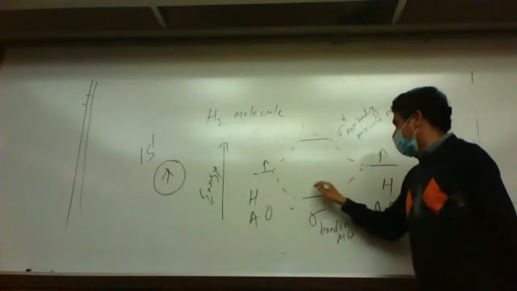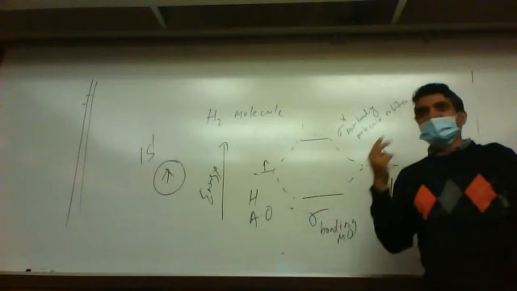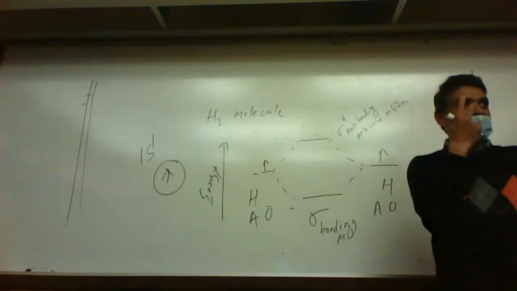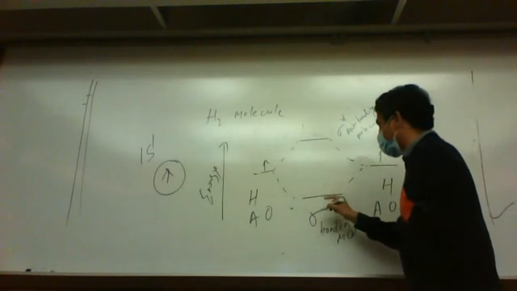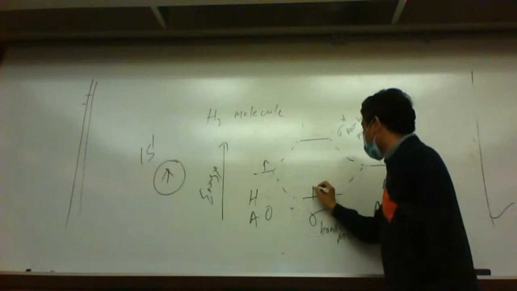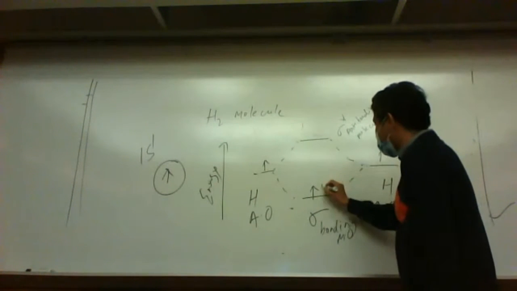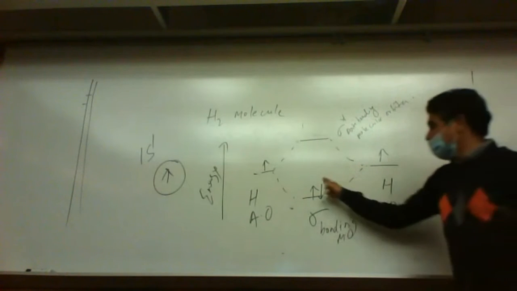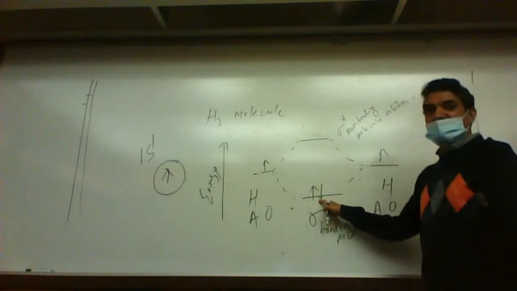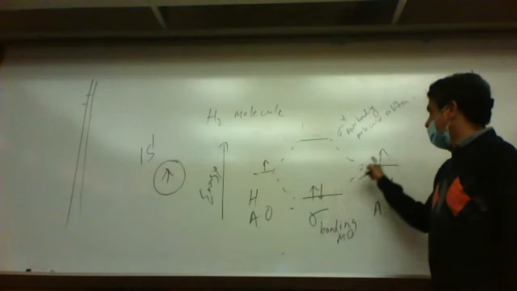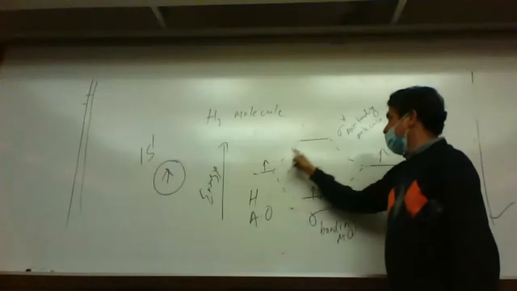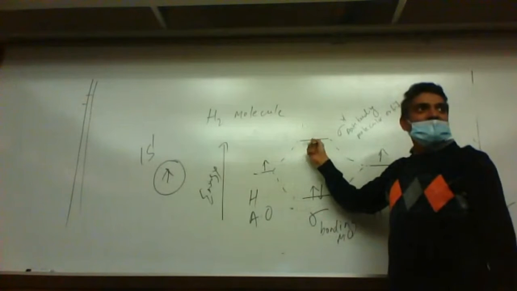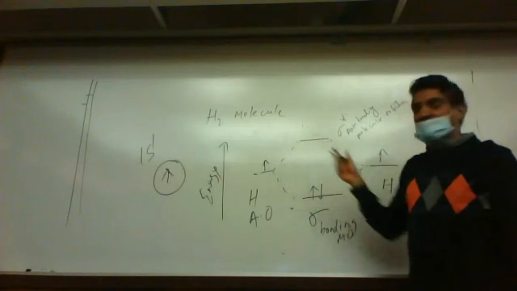So they combine and give one orbital here. How many electrons can one orbital have at maximum? 2 electrons, right? So one orbital can have a maximum of 2 electrons. So this electron comes here and sits here, and this electron comes here and sits pointing downward like this. Make sense? So I put 2 electrons here. I have only 2 electrons. There are no electrons to put here, right? So that's empty. Make sense?